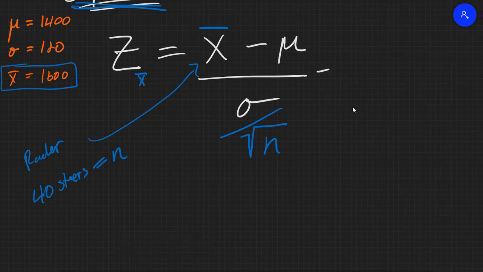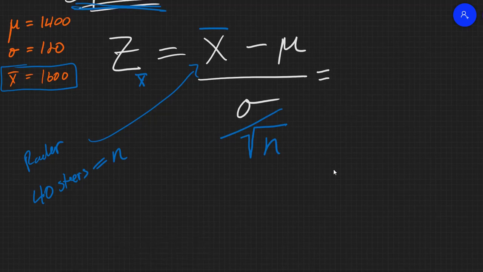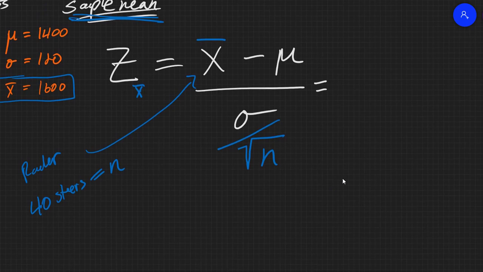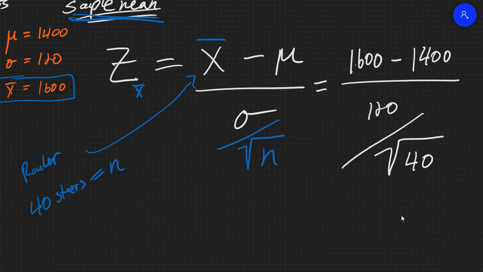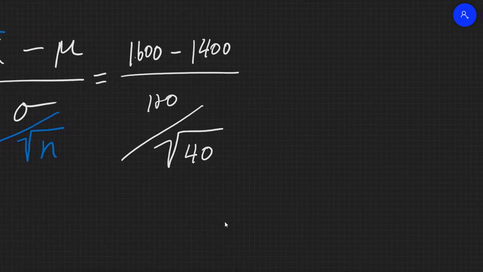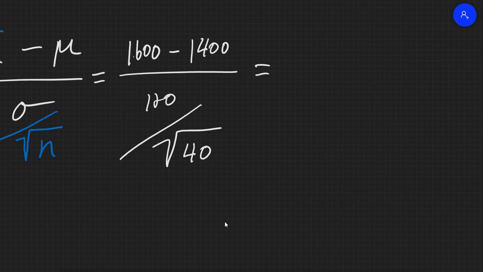All right. So this calculation, given our examples, should be the sample mean minus the population average, 1,400, divided by sigma, which is 120, divided by the square root of n, which we now know, because the rancher measured 40 steers. So this converts to 1,600 minus 1,400, which is 200.